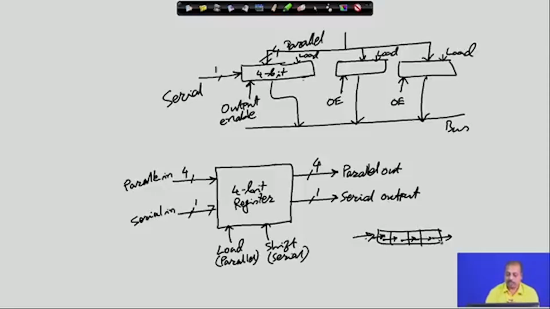Now, how to design such a system? That we will see. The individual stages of the register consist of a D type flip flop. So, we have got D and Q lines there. Now, what I want is, if shifting is there, then I should give the serial value and that should be shifted in.